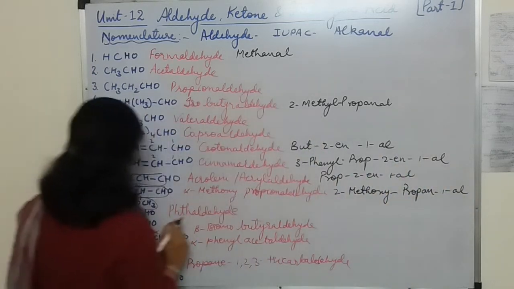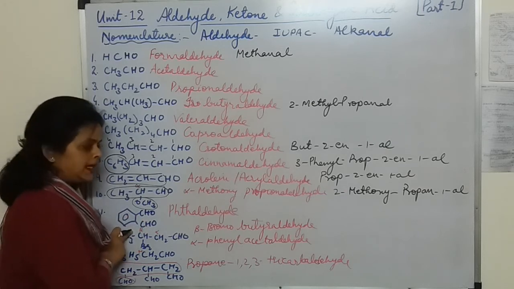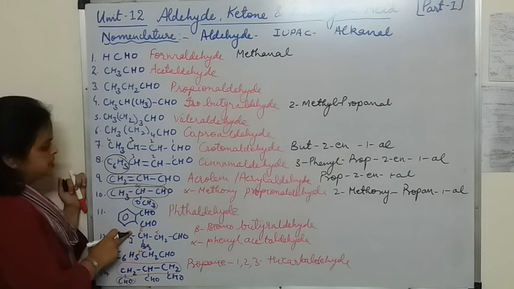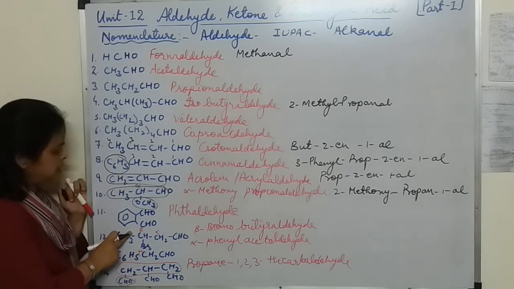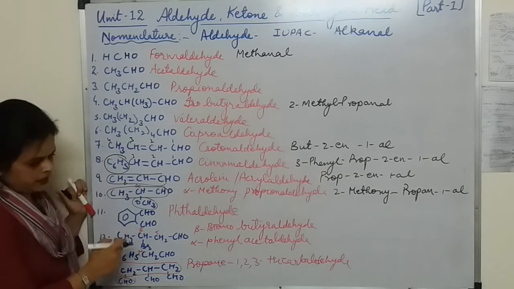1-al. Now here CHO, it is phthalaldehyde, and when you write its IUPAC name, that will be benzene 1,2-dicarbaldehyde.